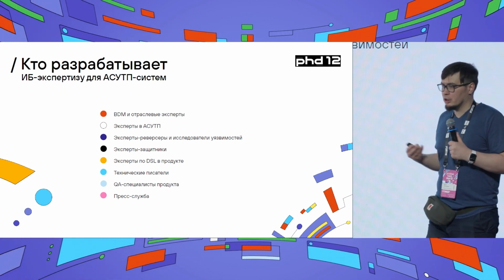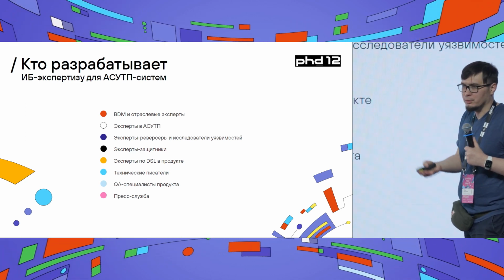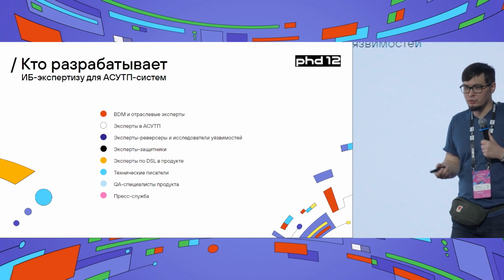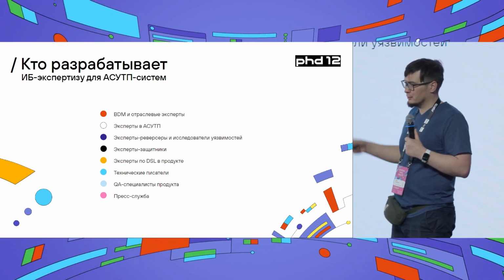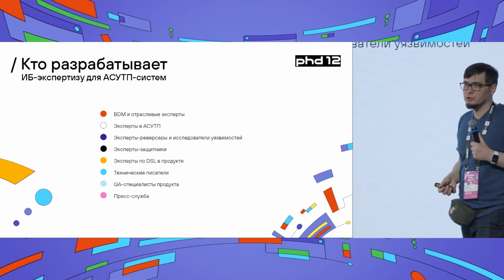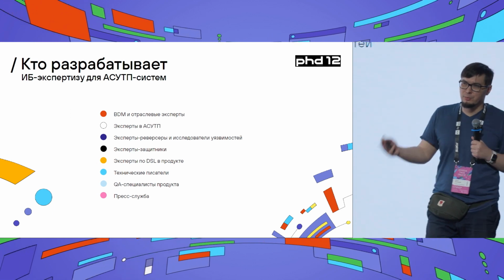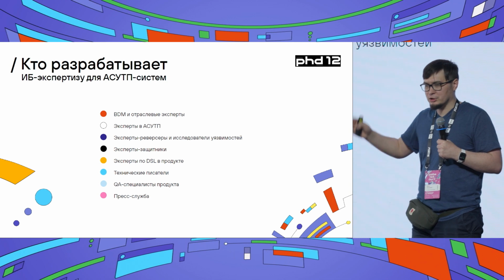QA specialists for the product. After the development of rules, you have to check them. You check their actual operation in the product. You must be sure that they really work and that they do not generate additional workload for the product. So cybersecurity products are complex.